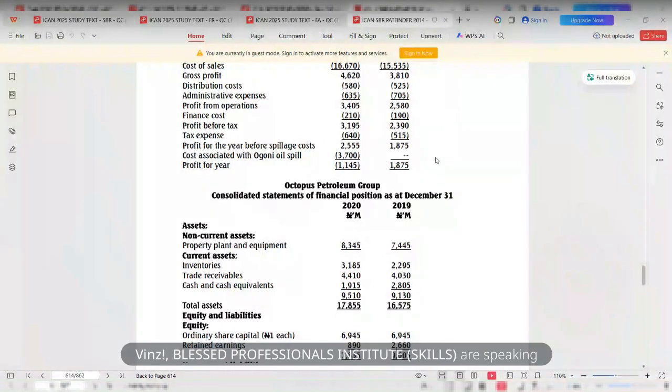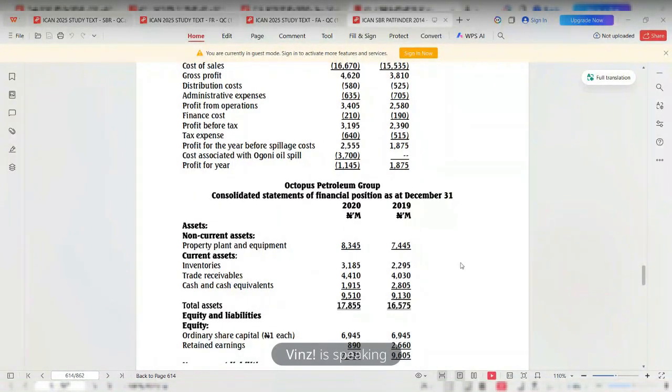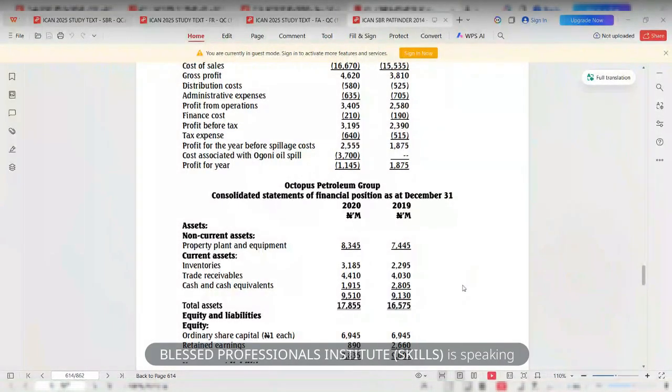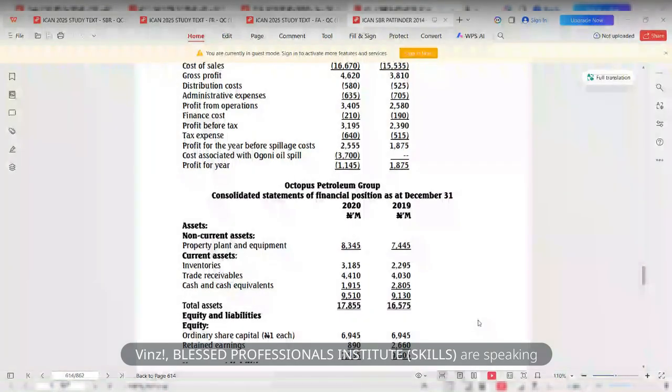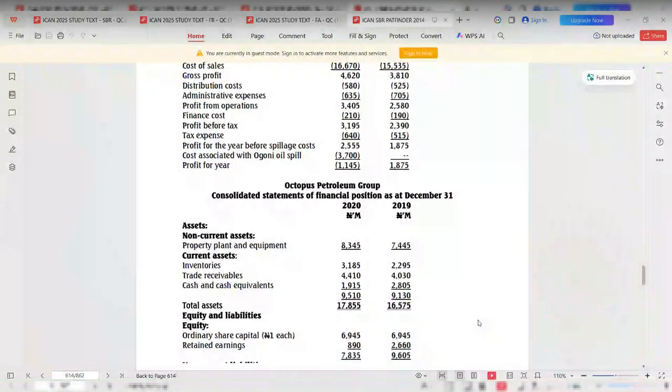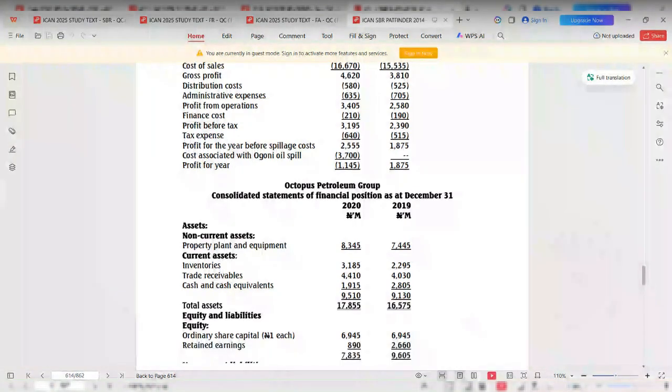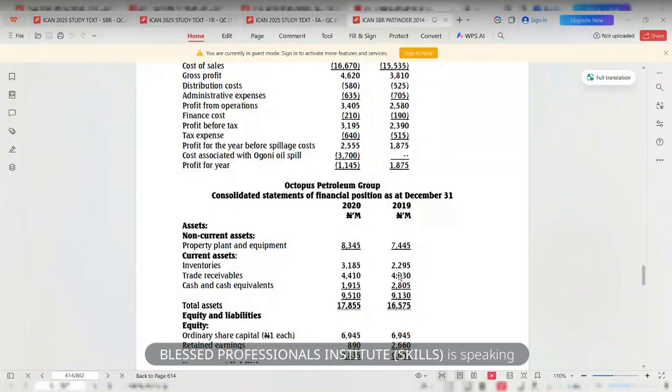Gross profit percentage, number 3. So quickly calculate that also. Quickly calculate that. So gross profit. What is your answer for return on equity?